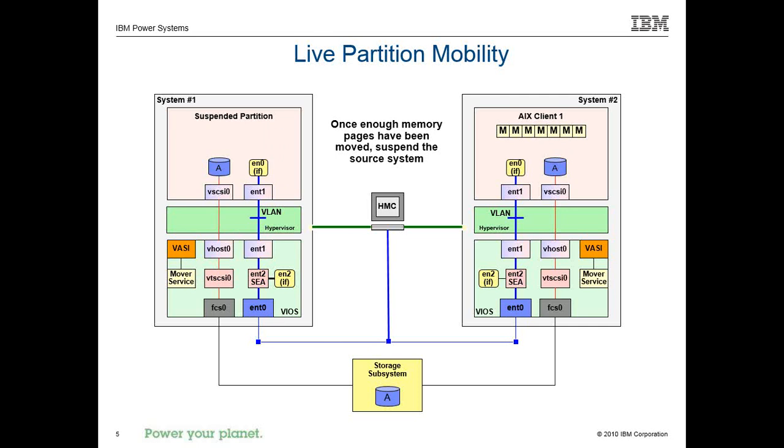So now the next time the hypervisor gets ready to dispatch that LPAR, it knows not to dispatch it on the source system on the left; it's going to dispatch it on the destination system on the right. So this may be a pause of a second or two when we do this last little blast over of memory.